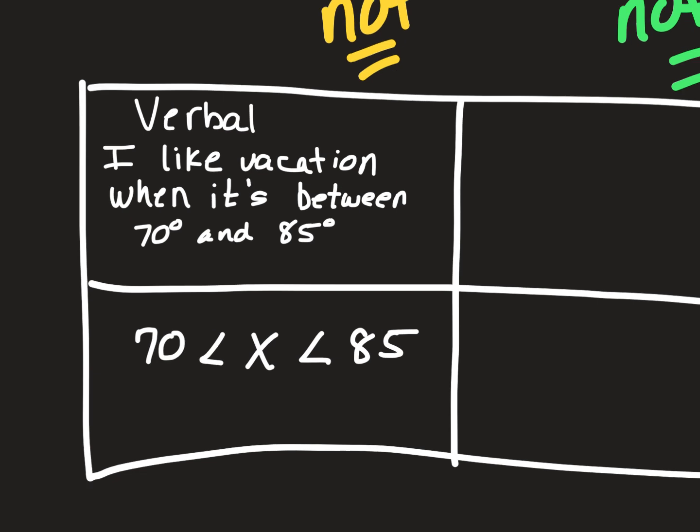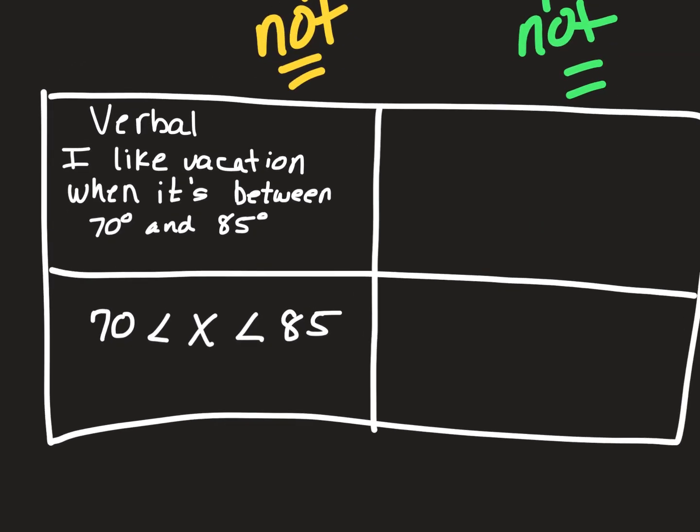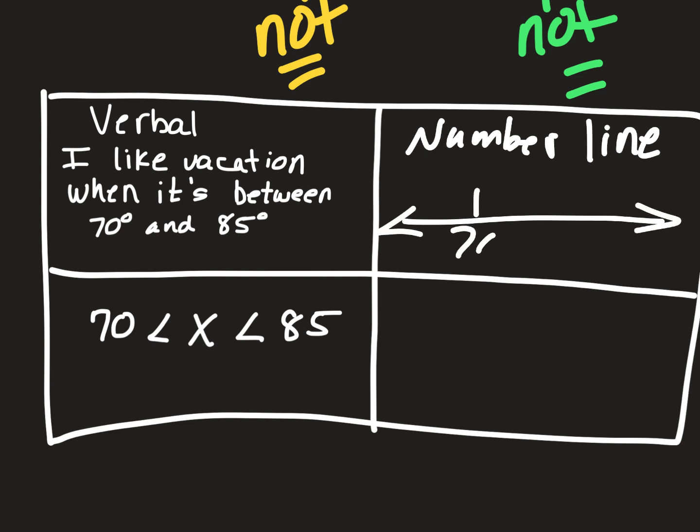So on the number line, this is what it's going to look like. I didn't put an equal sign in there. I'm not too picky about your number lines. I'm not really picky about how you spread out your numbers. As long as I can see them both on there, that's cool. So I'm going to put coordinates around them. Is 70 included? Am I happy with it being exactly 70? Is there an equal sign with that inequality symbol? Nope.